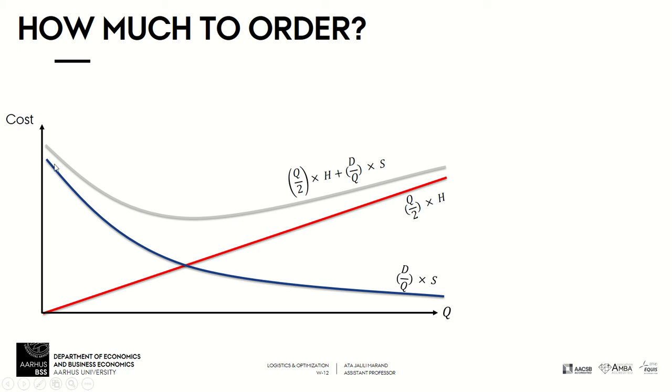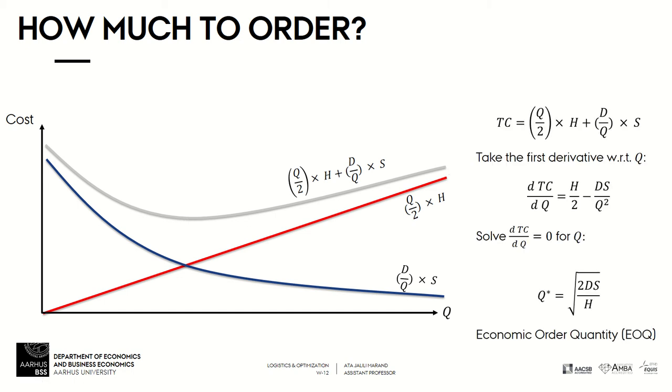And then we have this decreasing curve, which is the ordering cost. And then we have the total cost, which is first decreasing and then increasing.